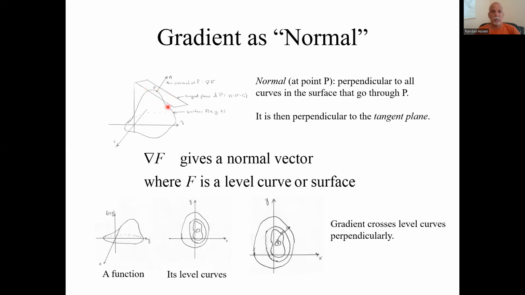All the tangent lines combined would be in this tangent plane. And the normal vector is perpendicular to that tangent plane. It's also perpendicular to all those curves' tangent lines. So here you see what a tangent plane means and what the normal vector means at a point on a surface. It turns out the gradient of f is the direction of that normal.